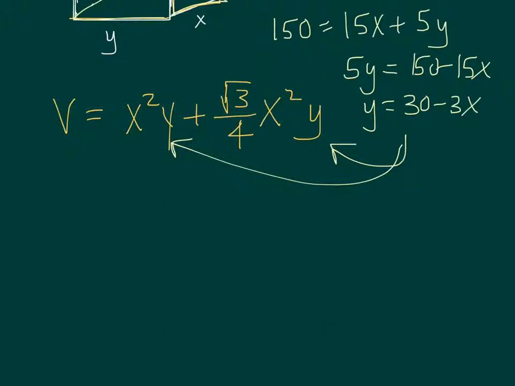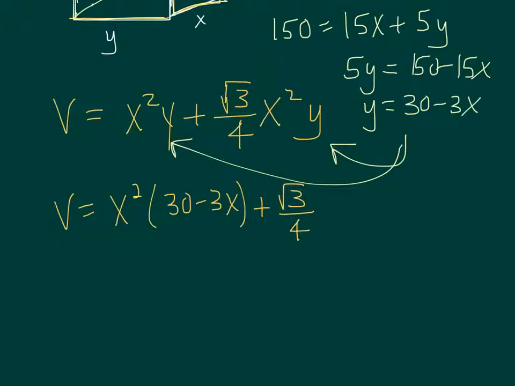So that's going to give me volume equals x squared times 30 minus 3x plus square root of 3 over 4 x squared times 30 minus 3x. And to make my life easier, I'm going to factor out everything that's in common.